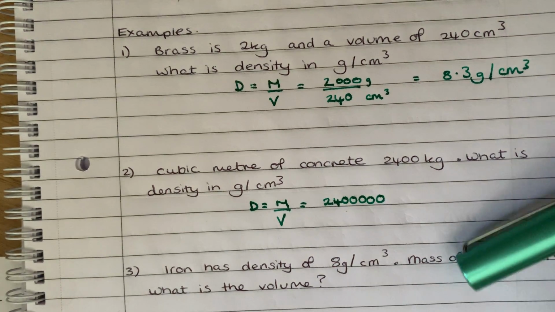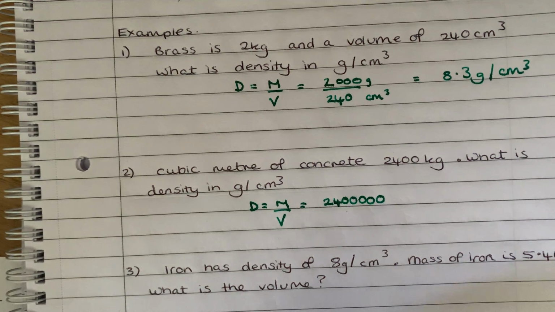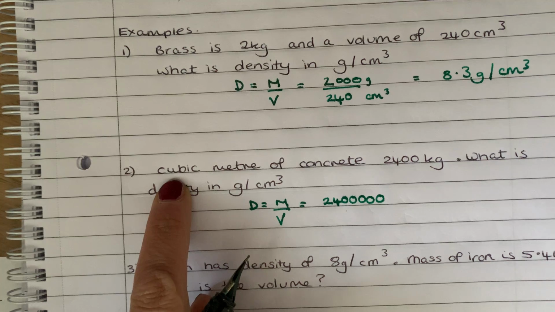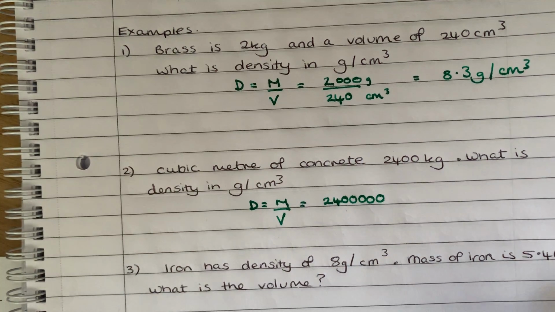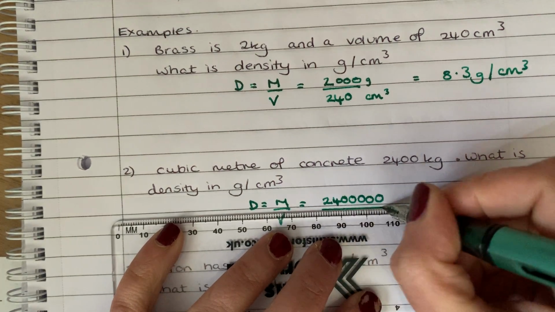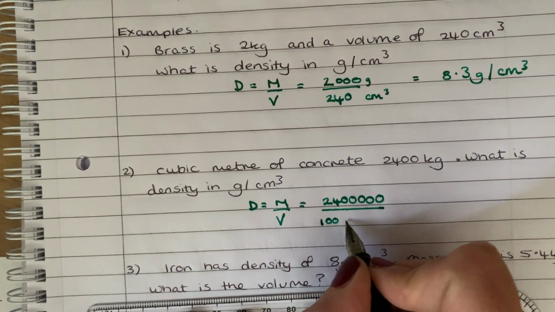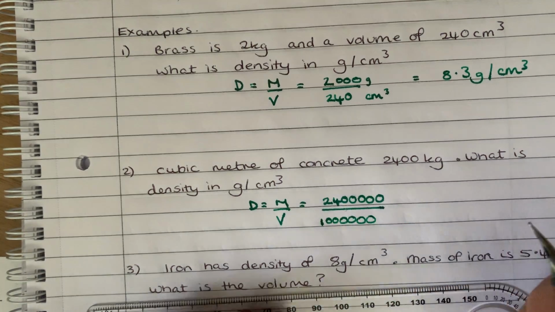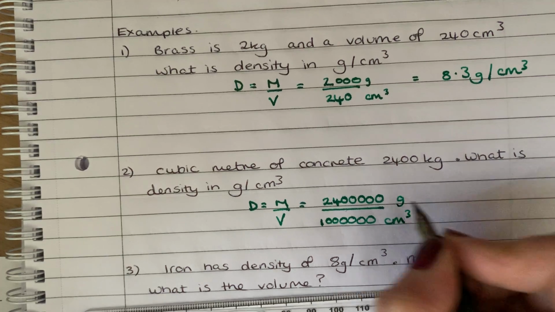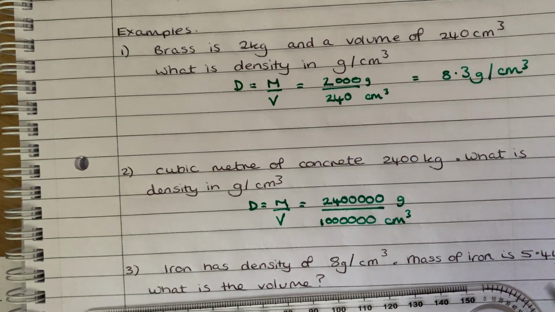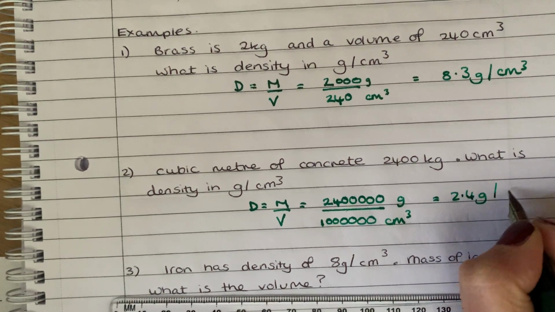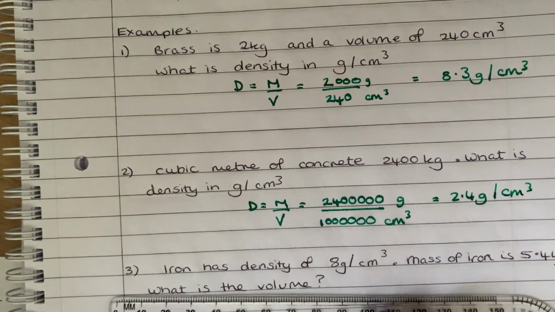Now I want the volume in centimetre cubes, and I've got a cubic metre. I know that 1 cubic metre is 1,000,000 centimetre cubes. So when I do the division, I'll have it in the correct units, which gives me 2.4 grams per centimetre cube. Perfect.